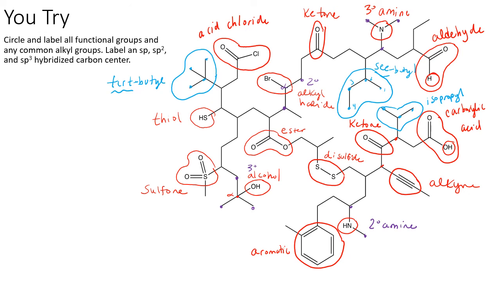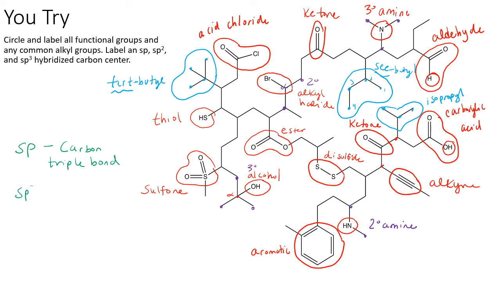And the last part of this question asks for identifying an sp, sp2, and sp3 hybridized carbon center. So you have to know what that is in order to identify it. An sp carbon center is going to be a carbon with a triple bond.